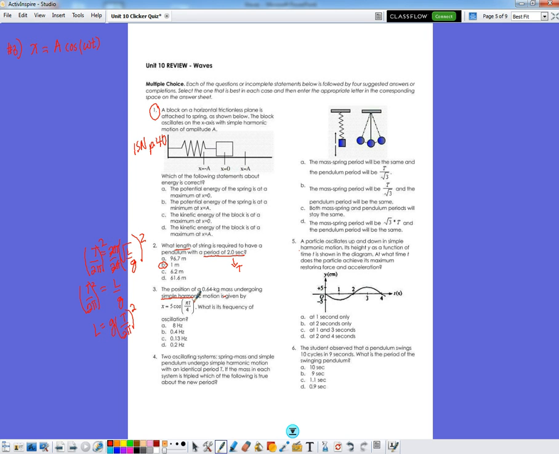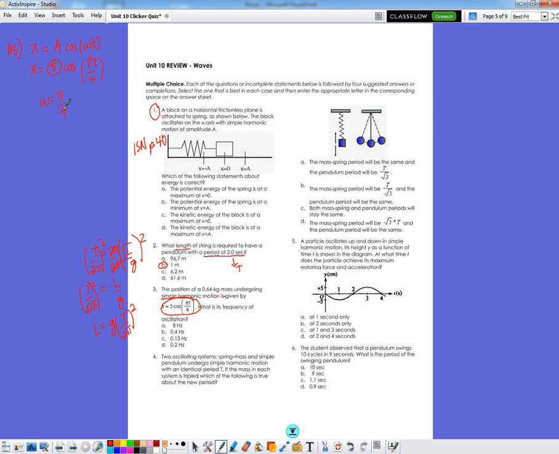And the equation that is given to us is x equals 5 cosine pi t over 4. Based from that, we can say that A is 5, and t is t, and the omega is pi over 4.